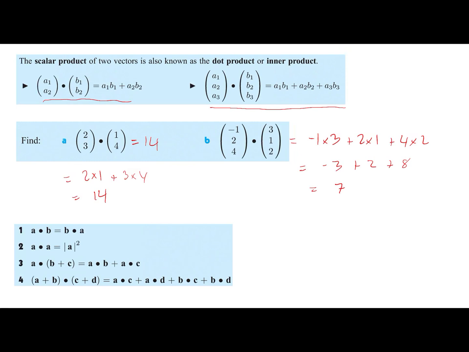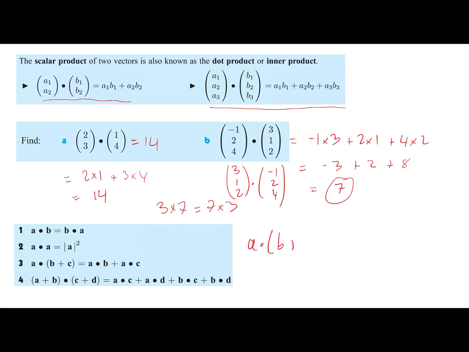These dot products follow the general rules of algebra. If we want to know the dot product of A dot B, that's the same as B dot A, the same as 3 times 7 is equal to 7 times 3. If I turn these around, 3, 1, 2 dot minus 1, 2, 4, I get the same dot product of 7. If I find the dot product of the same vector, that is the same as the magnitude squared.